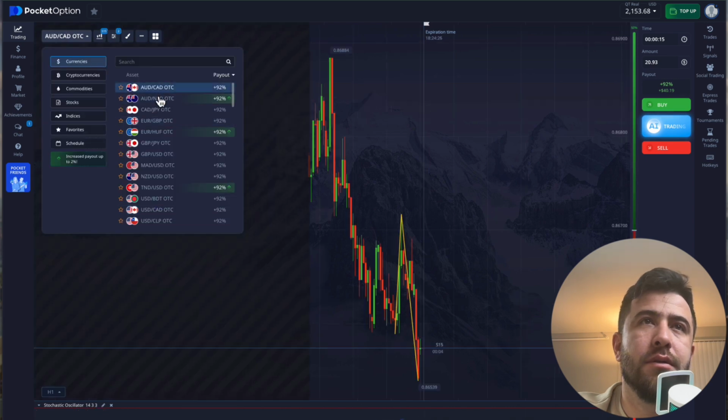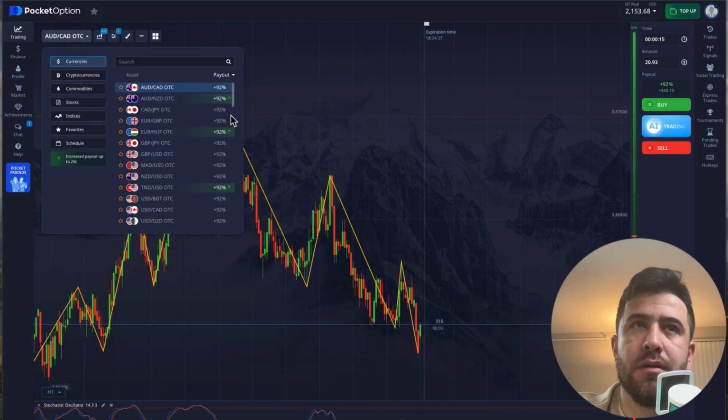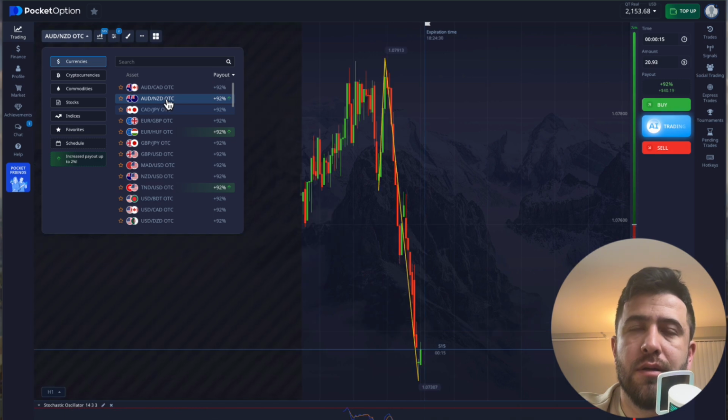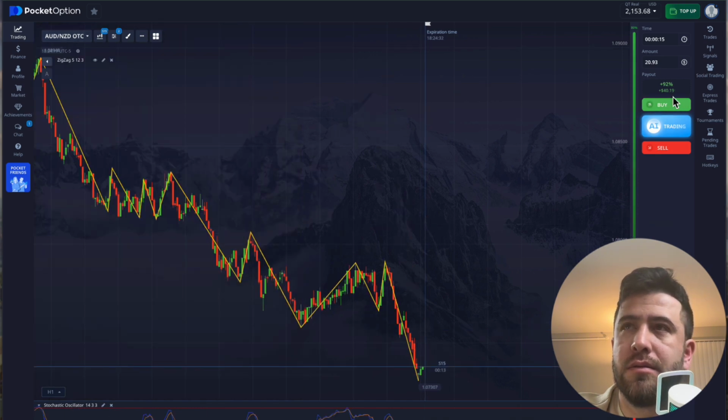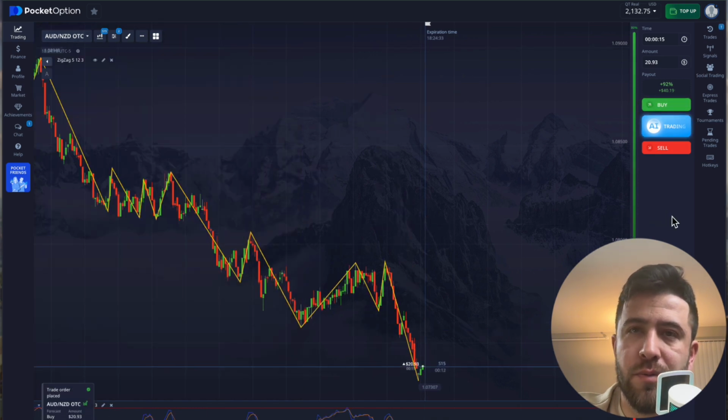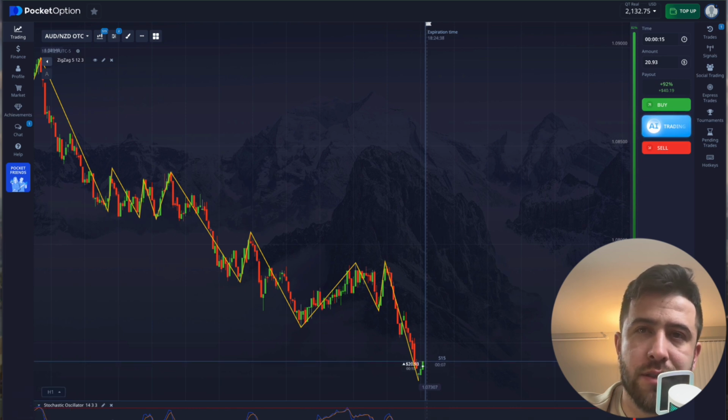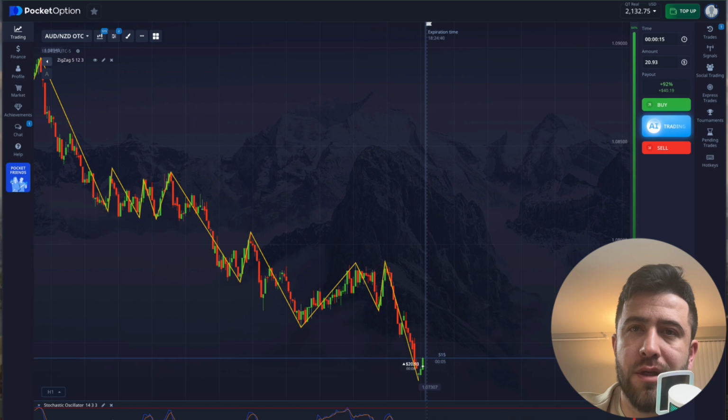Let's go to another currency. We opened for buy because it was already in the oversold zone, but let's wait how this candle works out. Sometimes the graph could change its direction.